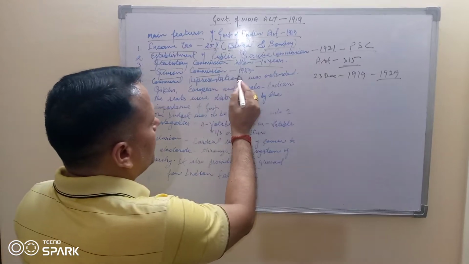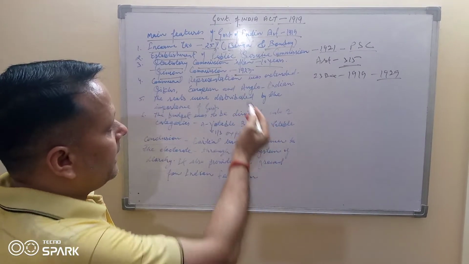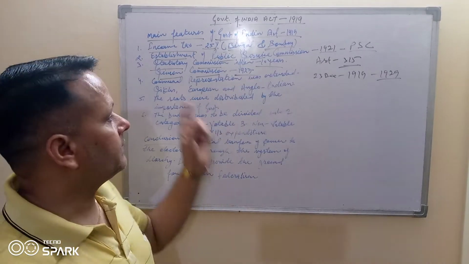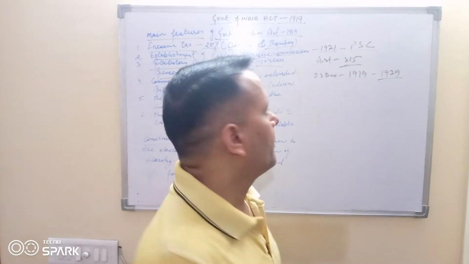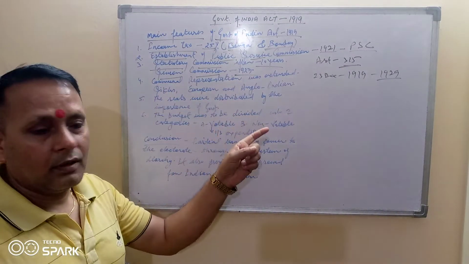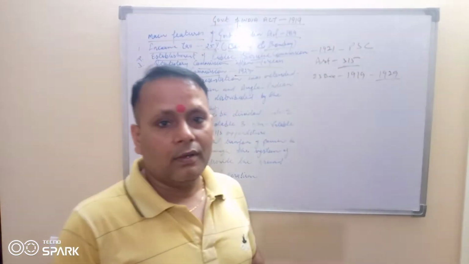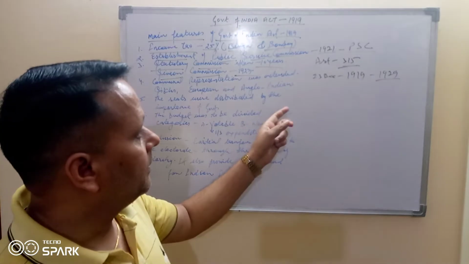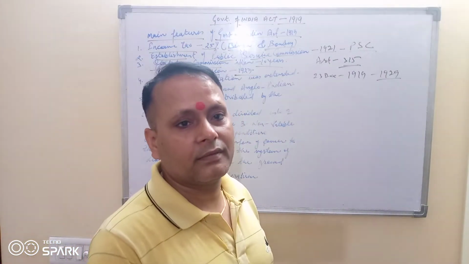was that the Simon Commission was set up in 1927. It was a commission where all the members were appointed by the British government.